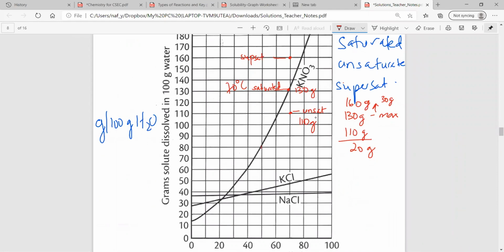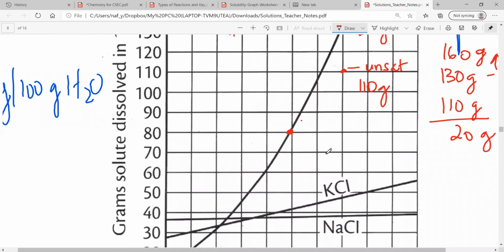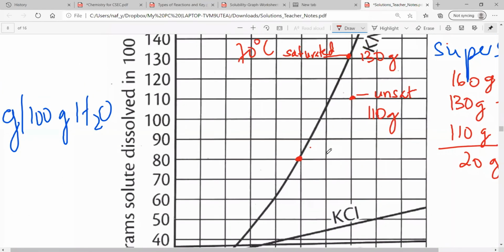This is easy to work with. Now what we need to do is to find out, at 50 degrees Celsius, what is my solubility? I'm going to read across. At 50 degrees Celsius, I realize that 80 grams can be dissolved.